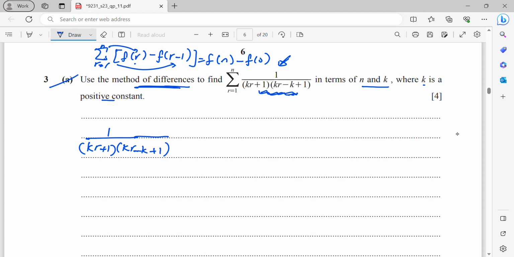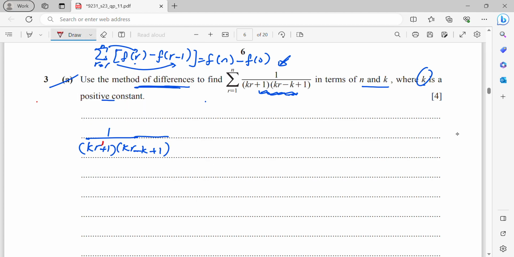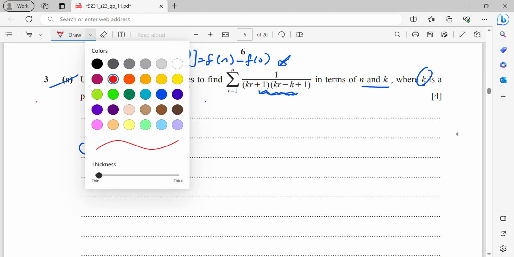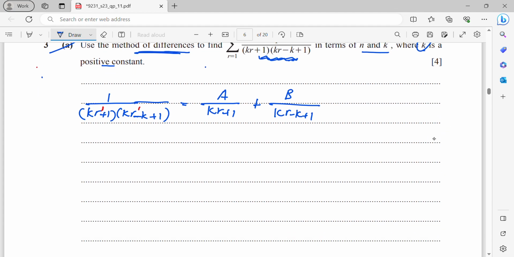By looking at these two factors, right, you must remember that the k is a constant, means that the variable is the r. So by looking at the degrees of the r, both are 1. Means that now you are given two linear factors. Then I should write kr plus 1 and the other factor will be kr minus k plus 1. So both numerators will be constants a and b because you are given linear factors.